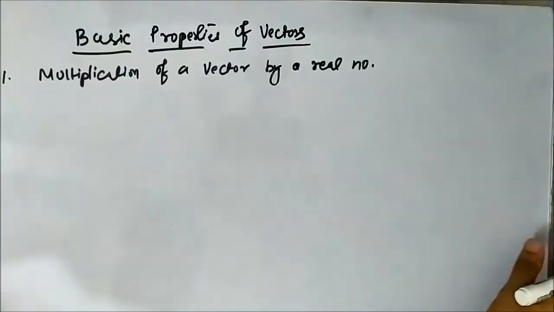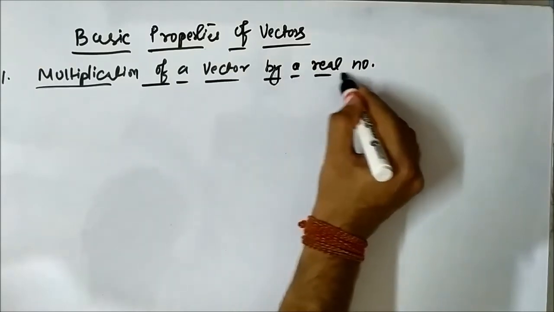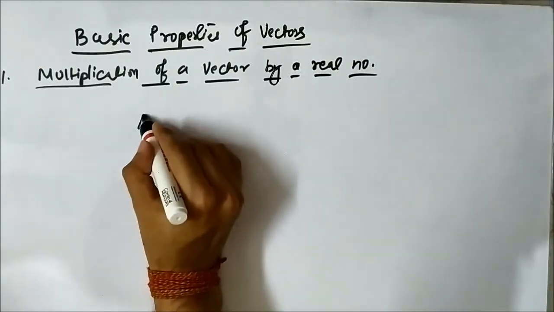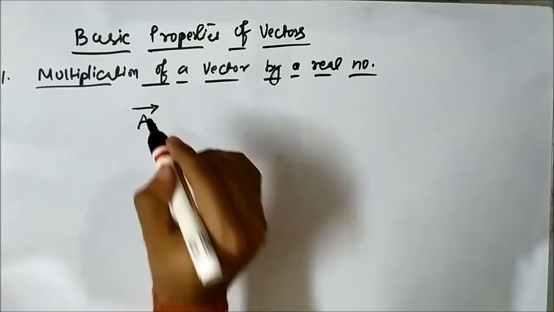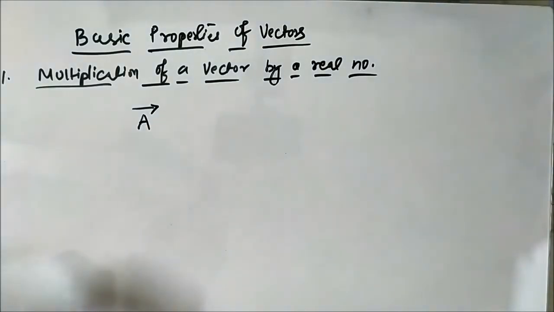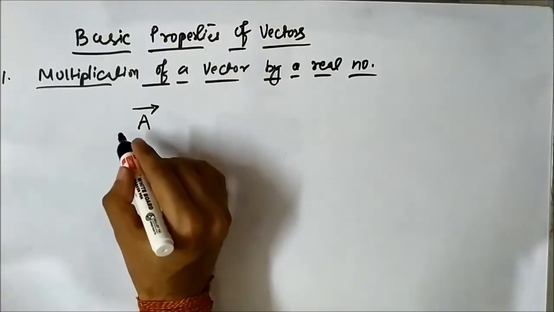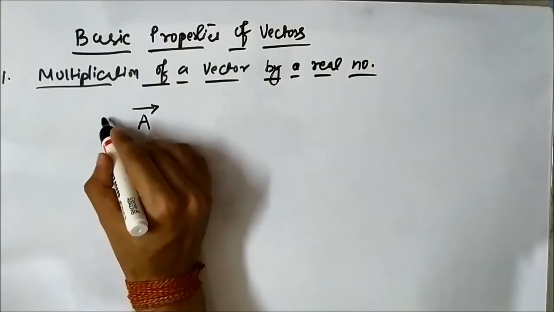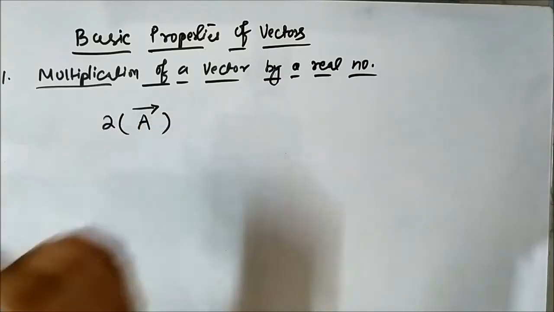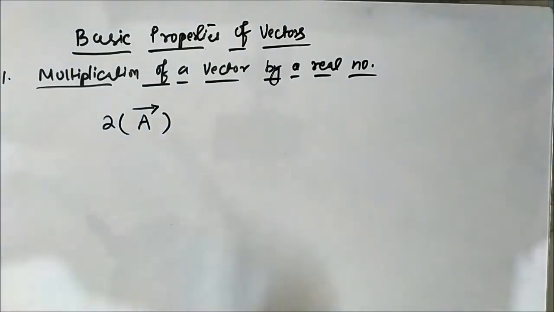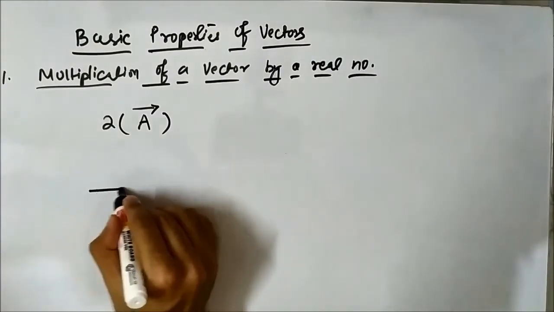Suppose we have a vector A. Suppose we multiply the vector with a number, let's say 2. Then what we will get? Suppose this is A vector.